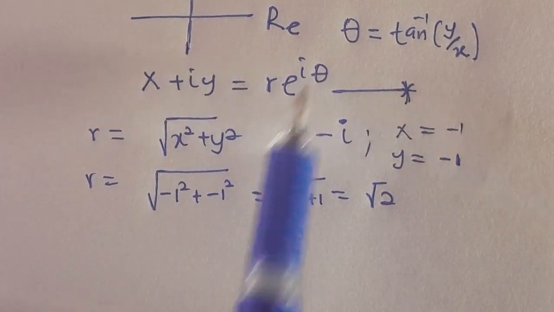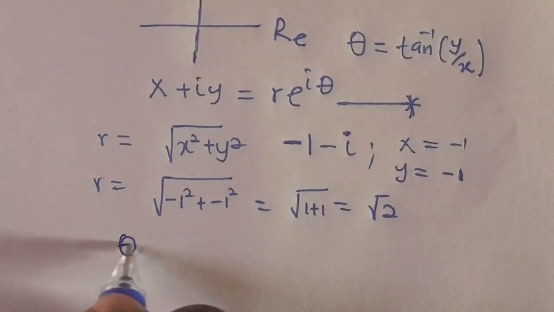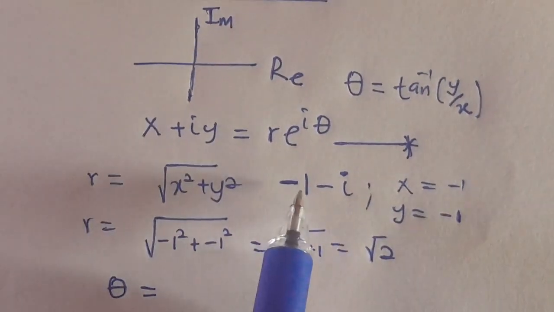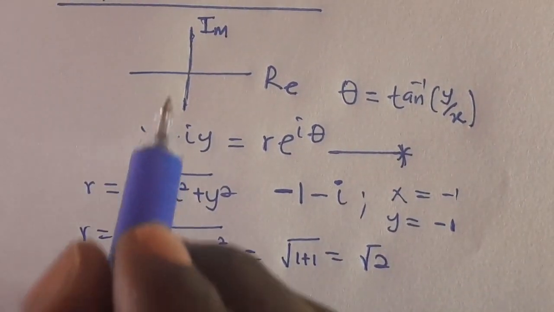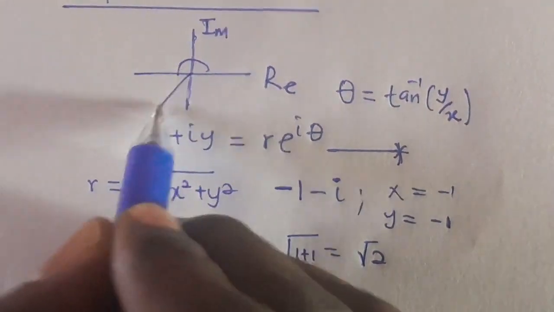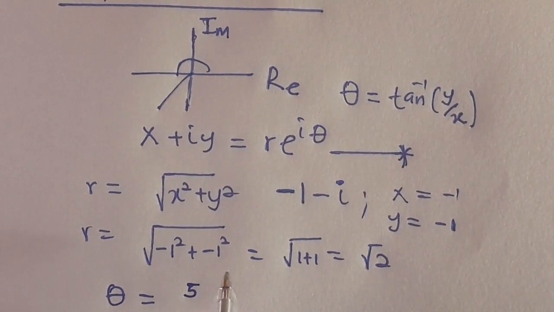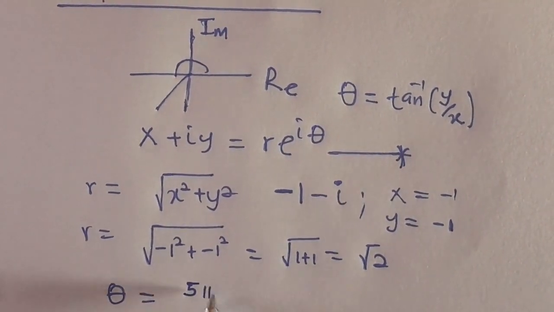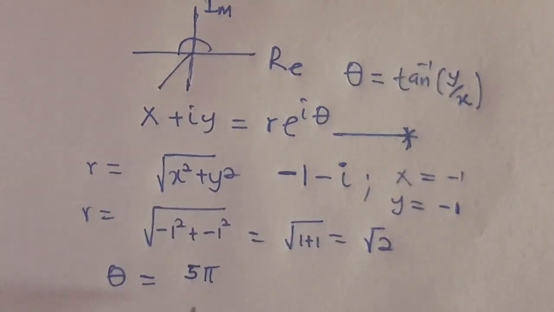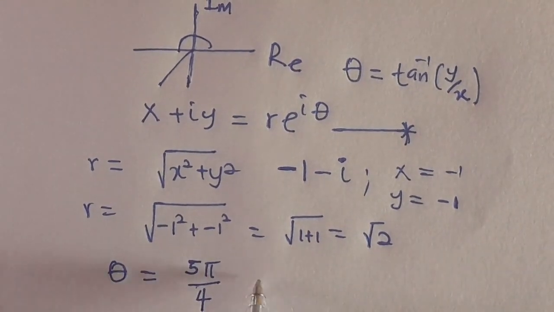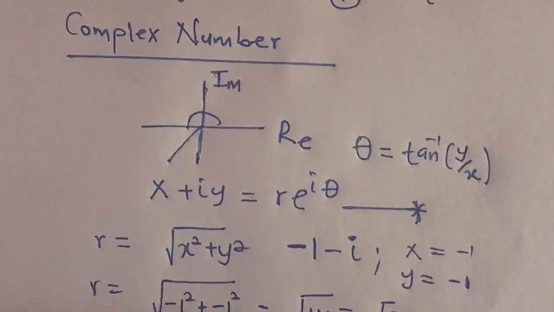Now we want to take this back to the polar form and obtain the value of theta. Because it's negative, theta is located in the third quadrant, so theta equals 5 pi divided by 4.